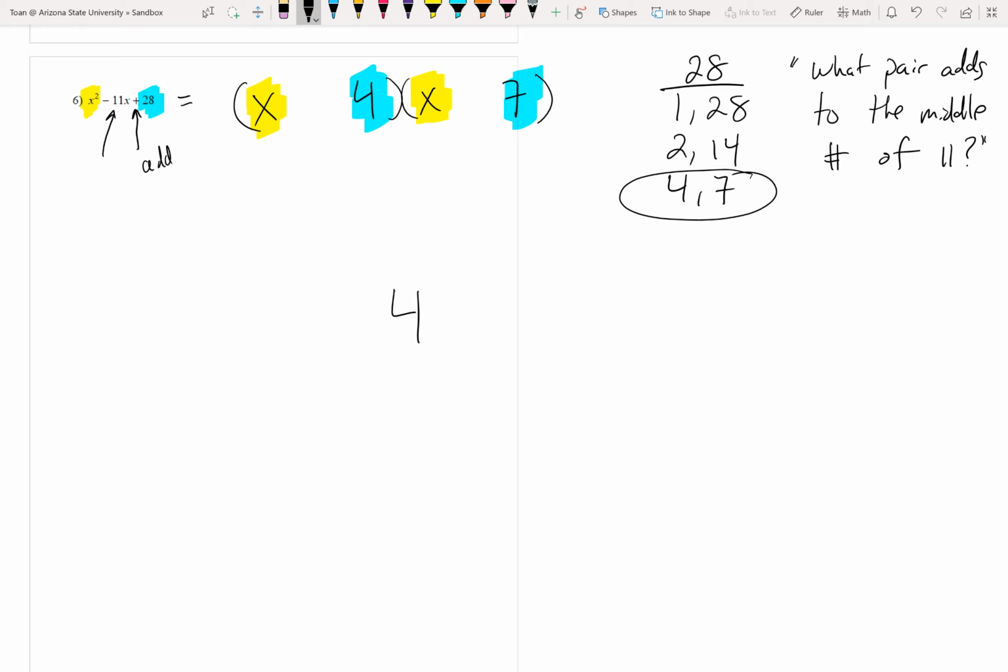So what I'm thinking of is a blank 4, a blank 7, and it needs to equal the middle of negative 11. So your job is to figure out the pluses or the minuses on here to make this a true statement. And I hope it doesn't take a lot of thinking to know that negative 4 minus 7 gives you a negative 11. So those are the symbols, and that is the factored form, x minus 4 times x minus 7.